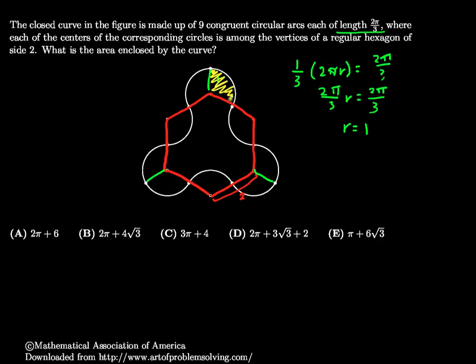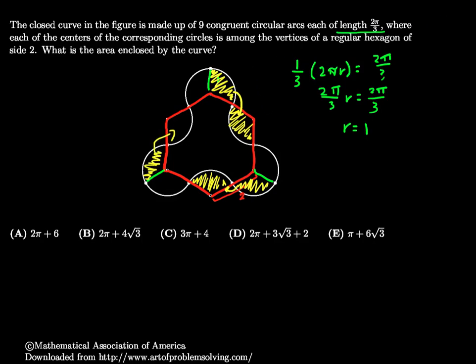This area will fill in this right here. This area will fill in here because they are congruent arcs. The sectors will be congruent as well, so the areas will fill in nicely.